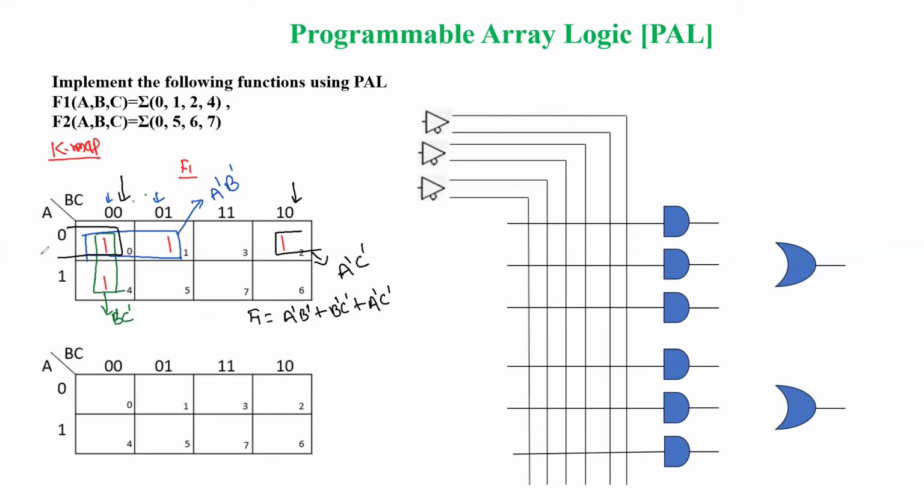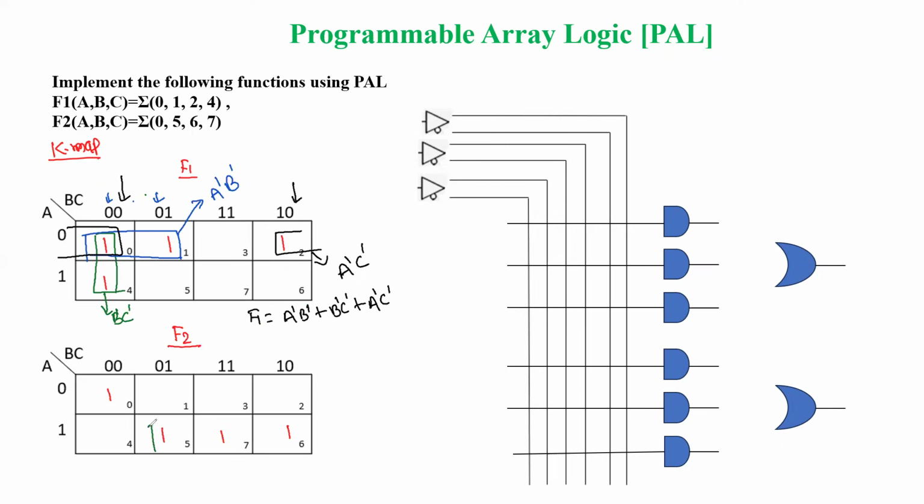Similarly, we'll see the function F2 also. For the function F2, the min terms given are again 0, 5, 6, 7. For that we have to make the combinations.